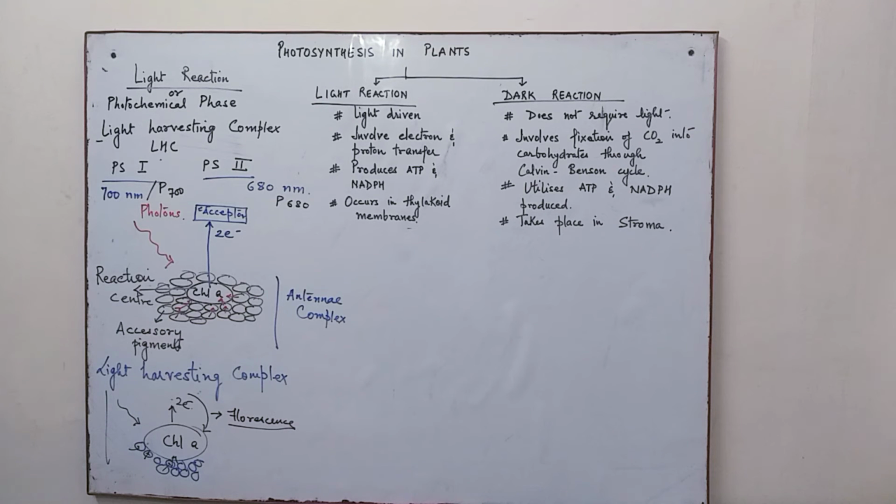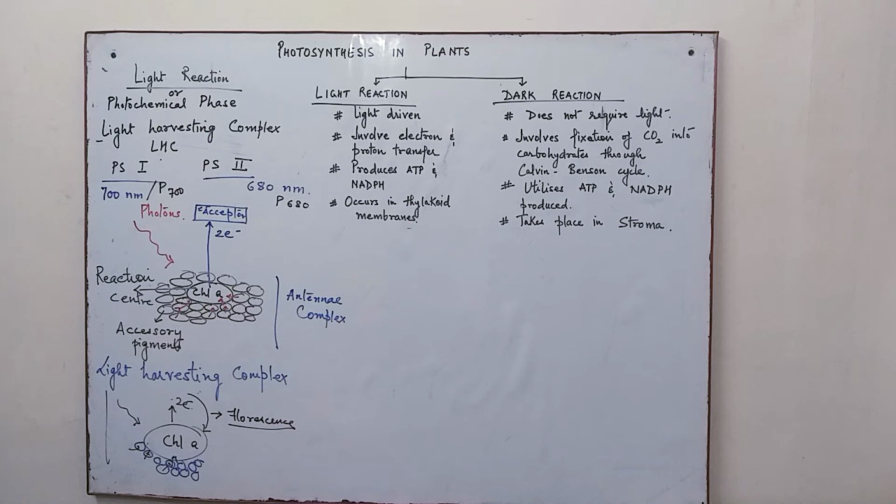Now both the photosystems are linked together. These photosystems are joined by the electron transport system.